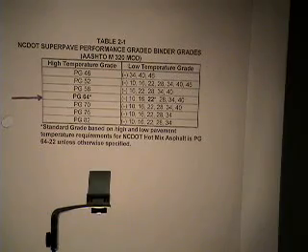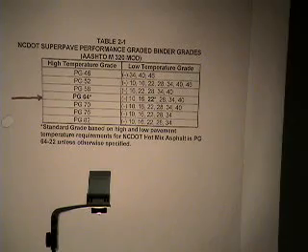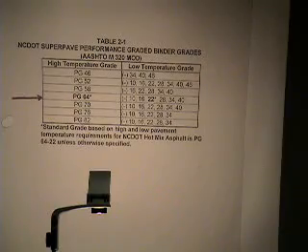Both the high grade and low grade temperature are shown. On the left side is your high temperature grade, and it ranges from a PG 46 up to a PG 82. You can see I have it bolded with an arrow there. The PG 64-22 is the most standard grade that we use on both high and low ends for our asphalt pavements in North Carolina.